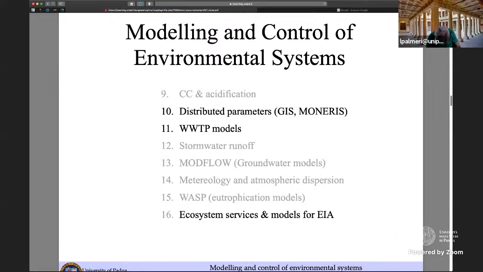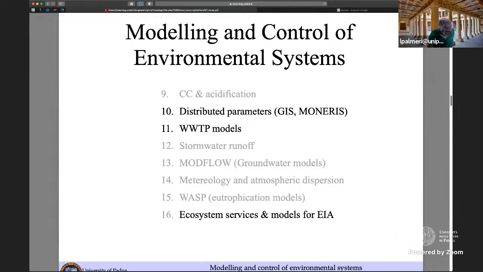Aggregated parameters models are models in which we do not consider spatial or temporal heterogeneities. Instead, we consider our system as a punctual, zero-dimensional, instantaneous system. This is the situation in which you have aggregated parameters approaches.